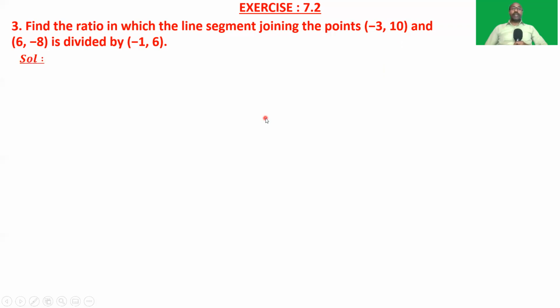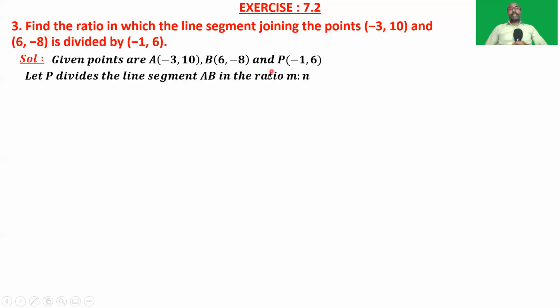So the given points are A minus 3 comma 10, B 6 comma minus 8, and the dividing point P is minus 1 comma 6. So let P divide the line segment AB in the ratio m is to n. We are assuming that P is dividing the line segment AB in the ratio m is to n.